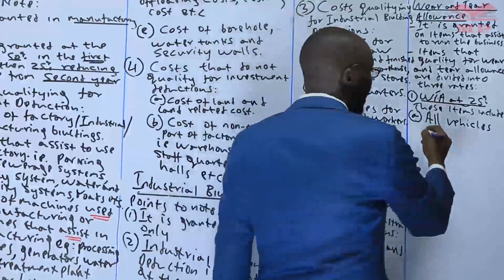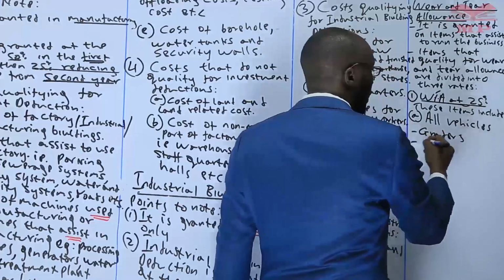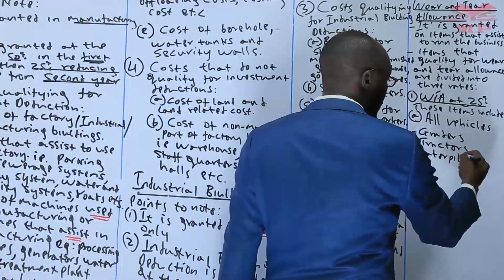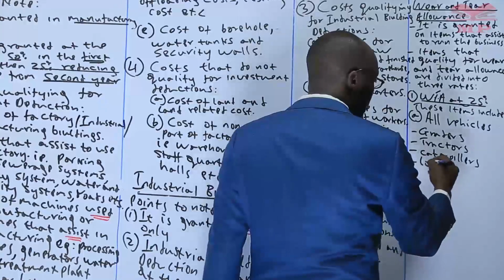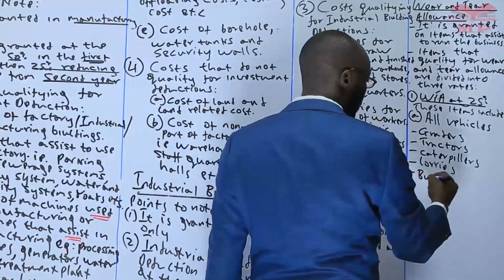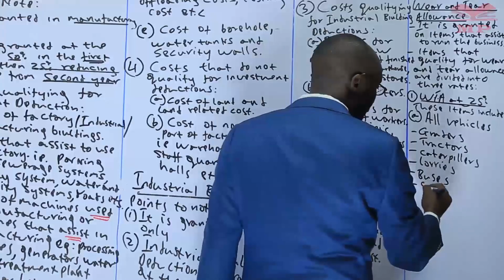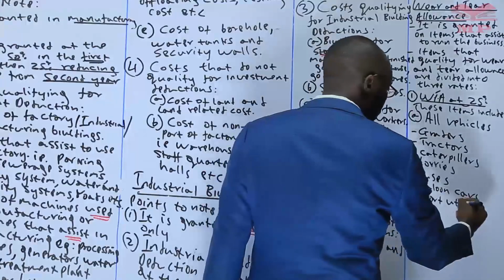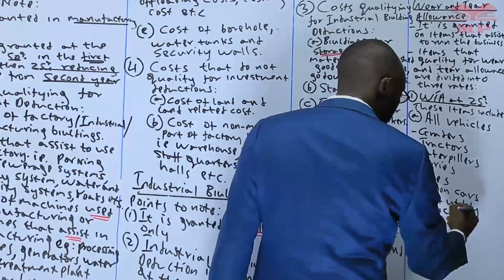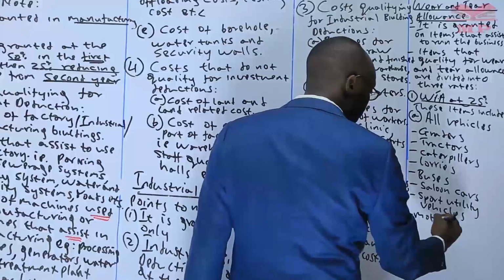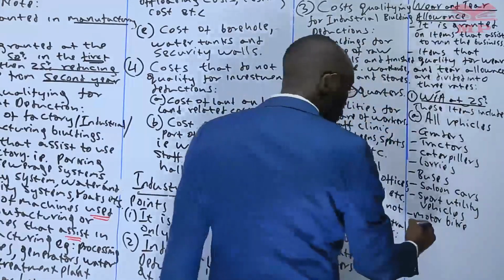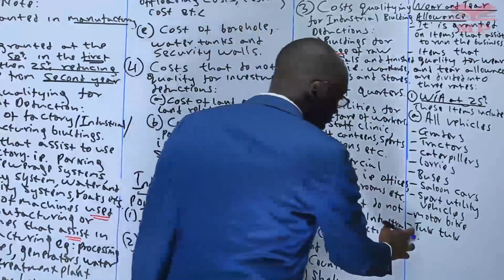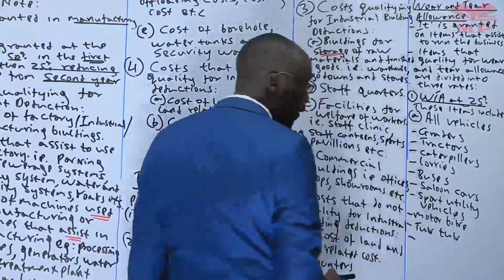So if you find an item like a grader, tractors, caterpillars, lorries, buses, saloon cars, sports utility vehicles, motorbikes, tuk-tuks, all these are the items that we are saying qualify for wear and tear, 25%, under vehicles.